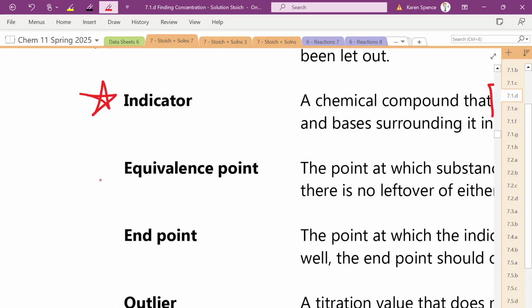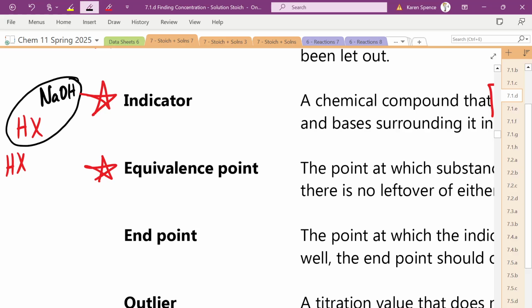Equivalence point. The equivalence point is the point at which, let's say you had two particles of acid, HX and HX. How many NaOHs would it take to neutralize that? How many H's are there?